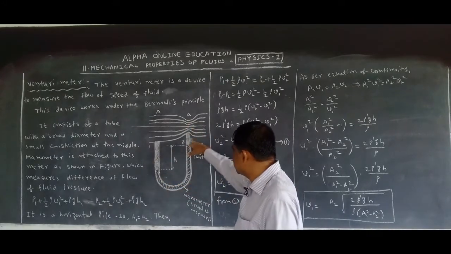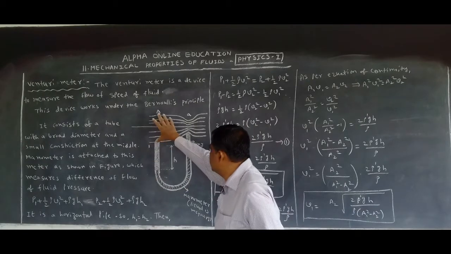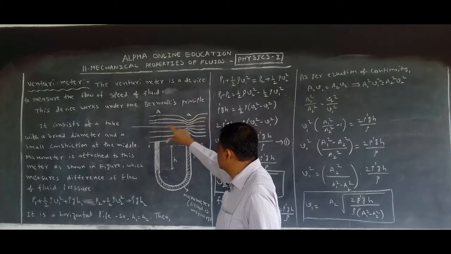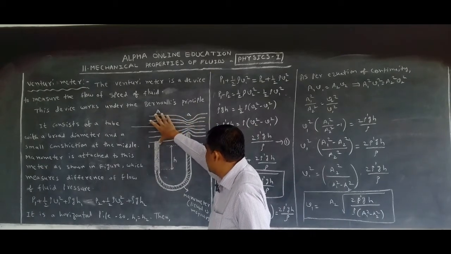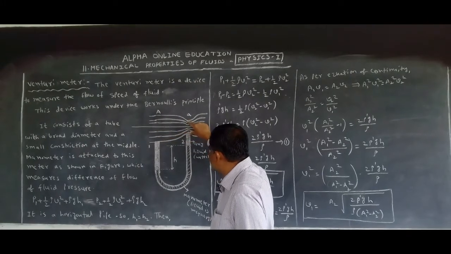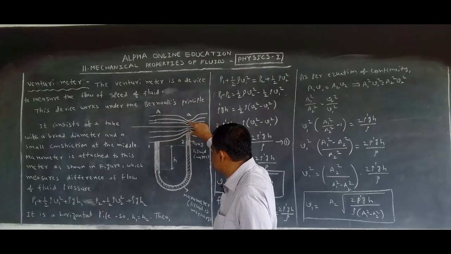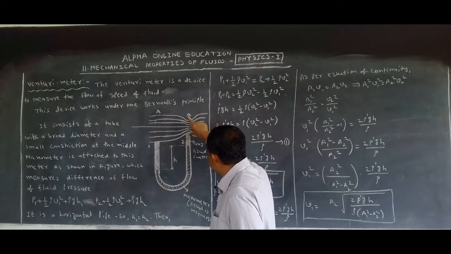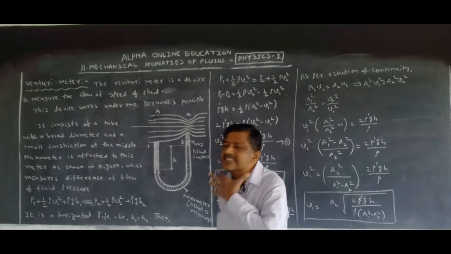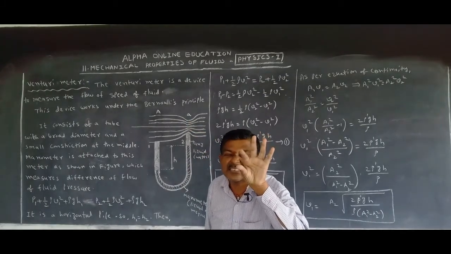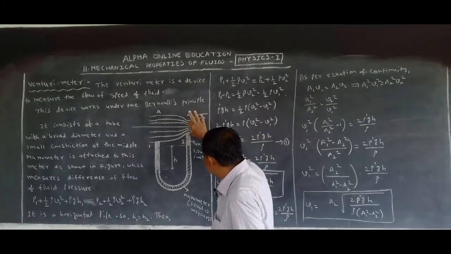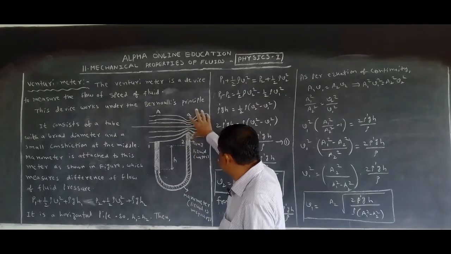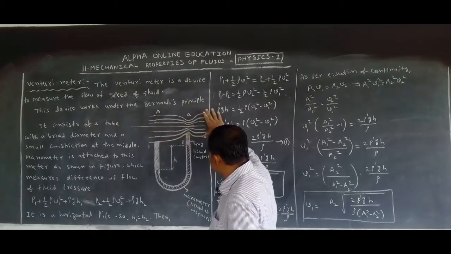It has one tube. Here the diameter is more, but in the middle the diameter is small, a small constriction, just like throttling, pressing at this place. Here the area is more.